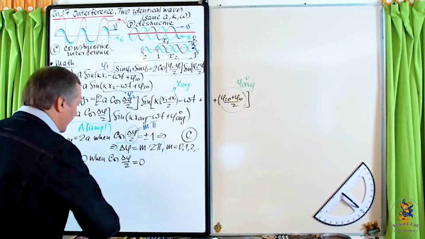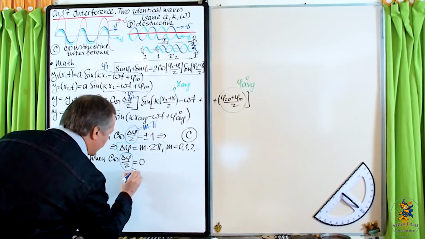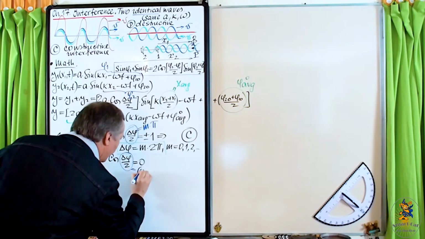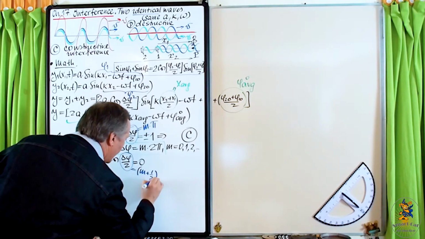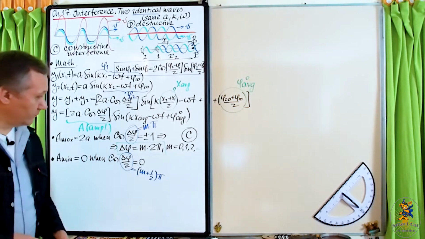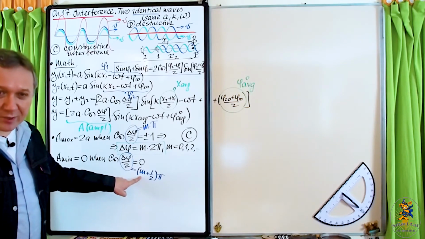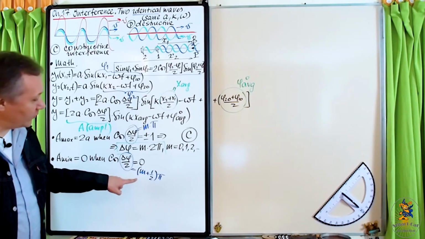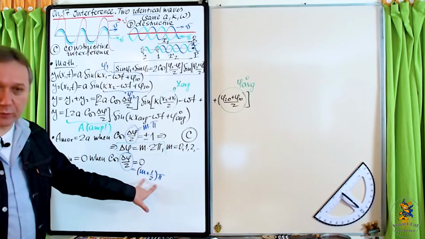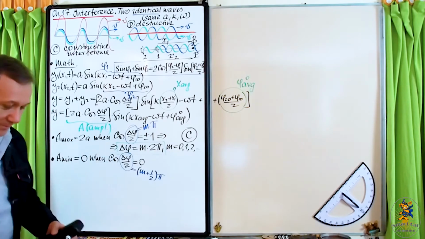That happens when delta phi over 2 equals m plus 1/2 times pi. So again, when m equals 0, you will get pi over 2. When m equals 1, you will get 3 pi over 2. When m equals 2, you will get 5 pi over 2, and so on. So yes, it will work. Again, m is an integer, right?